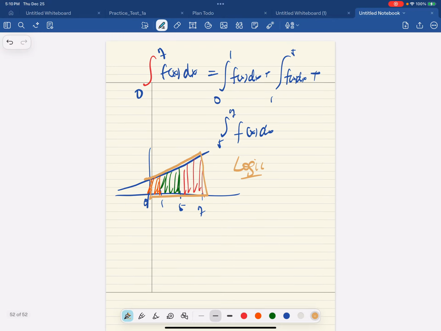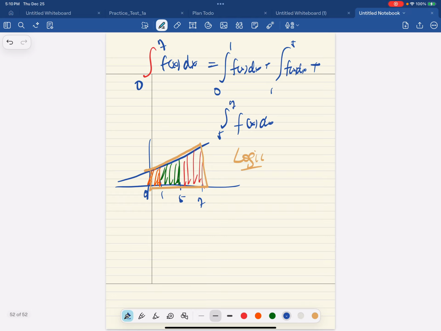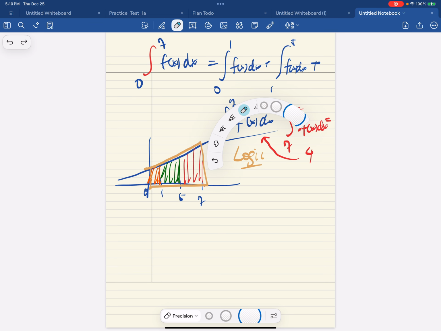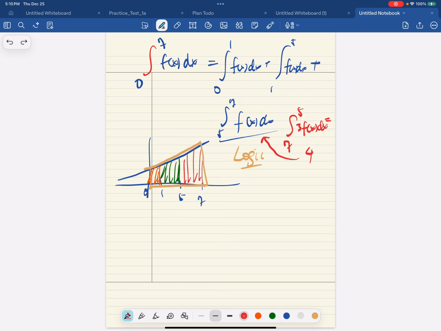That's helpful because sometimes they'll give you, let's say, bounds from 7 to 5 of 3 times f of x dx is equal to 4, let's say. To go from here to this is possible. It's totally possible. You just need to memorize or remember a few concepts. 5 to 7 turned into 7 to 5 is the negative of it.